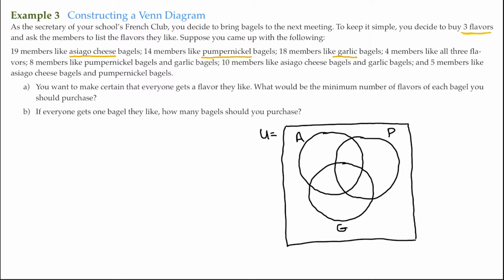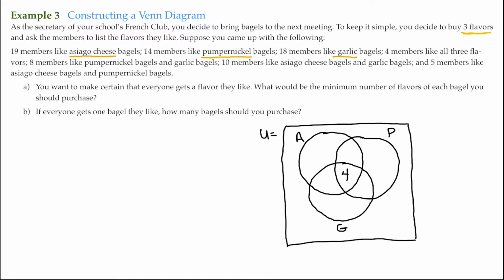So now I have to go ahead and fill in this Venn diagram according to the number of members who like these flavors. So again, the first thing we're going to do is go right here in the center. That would mean members who like all 3 of the flavors. And it says right here, 4 members like all 3 flavors. So we're going to put in 4 right here.